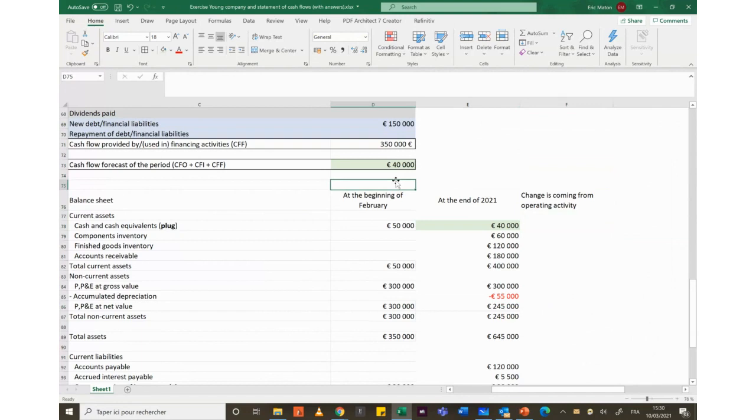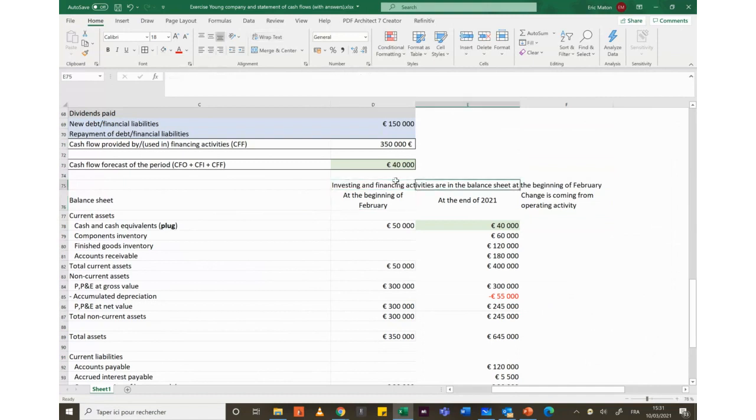So investing and financing activities are in the balance sheet at the beginning of February.